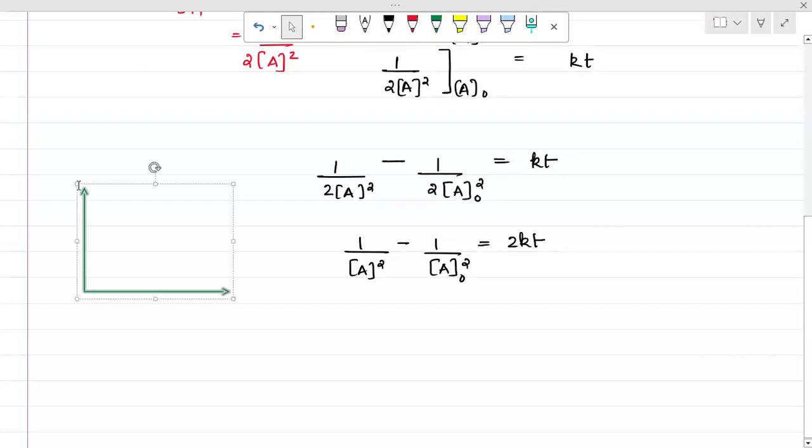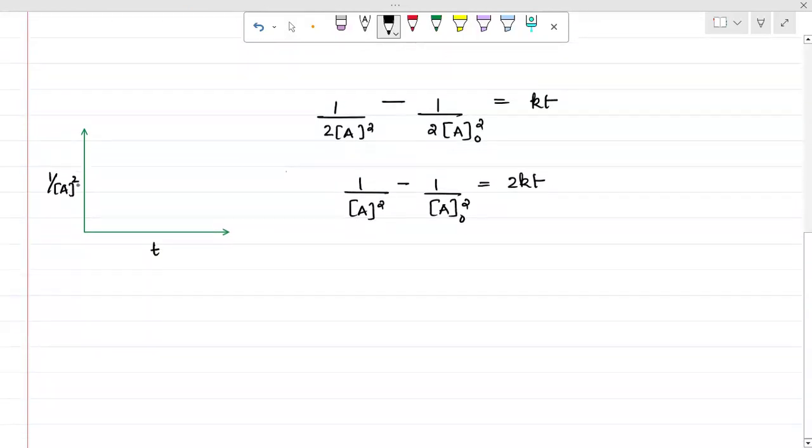Okay, if I have to plot a graph where 1 by a square is on y-axis and time is along x-axis, how will it look? So I'll keep this as my y. 1 by a square is equal to 2kt plus 1 by a naught square.